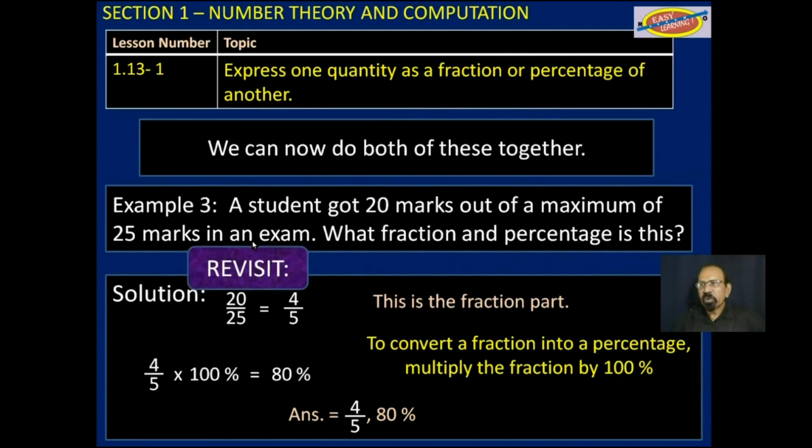Now let's revisit this example 3. What we did was we first of all expressed this 20 marks as a fraction of that 25 marks, and we get 4/5. And then we took the fraction and multiplied by 100 to convert it to the percentage.